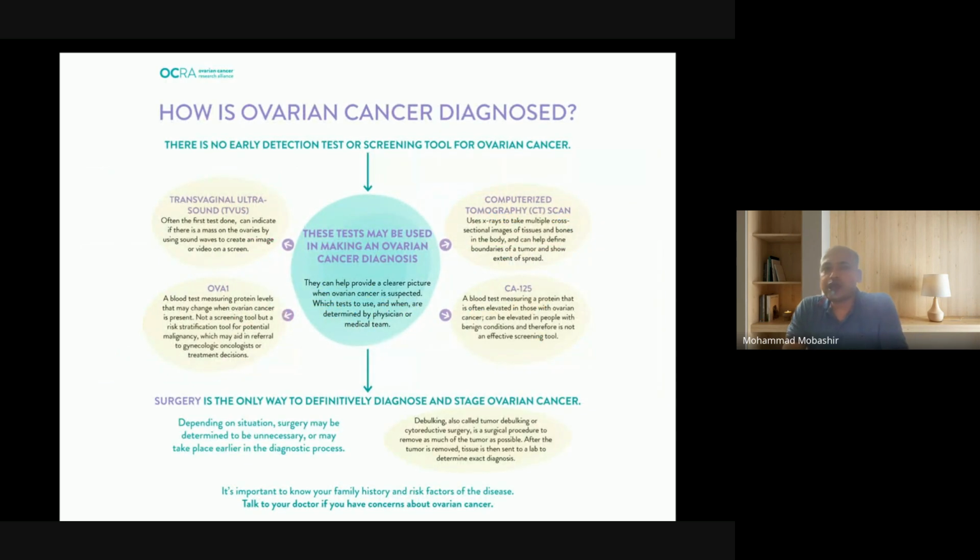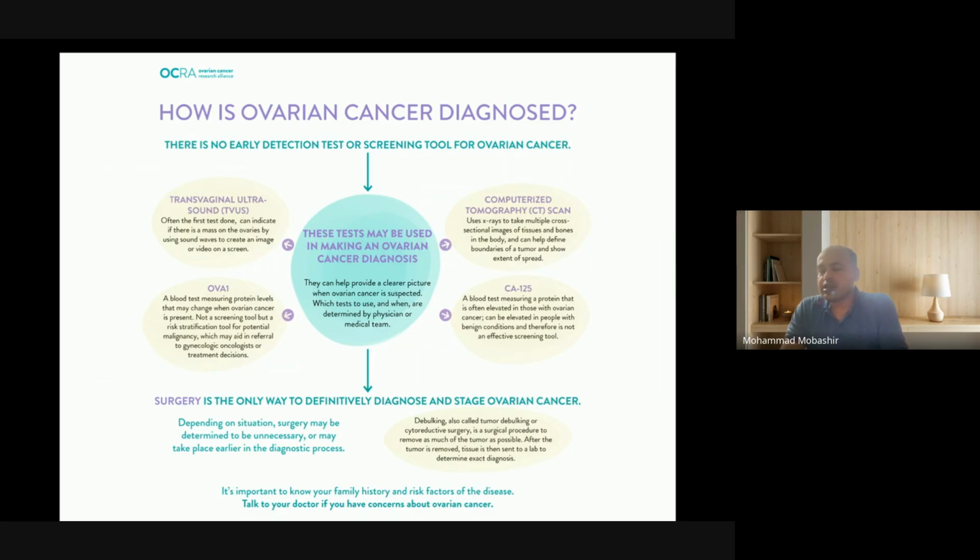Now, how is ovarian cancer diagnosed? So, there are a number of diagnostic approaches. For example, here: transvaginal ultrasound, OVA1, computerized tomography or CT scan, CA125. And then surgery is the only way to definitively diagnose and stage ovarian cancer.